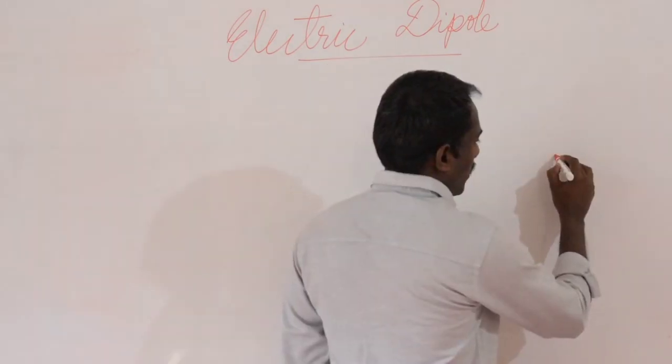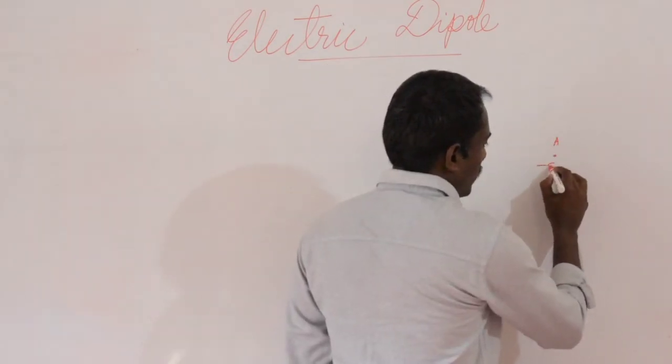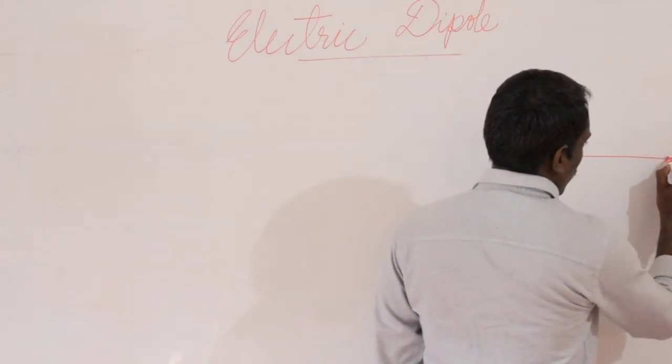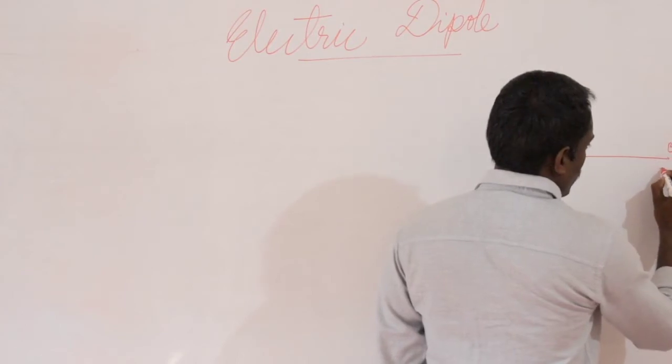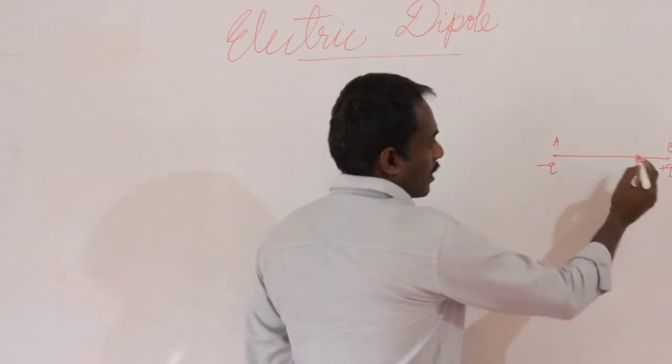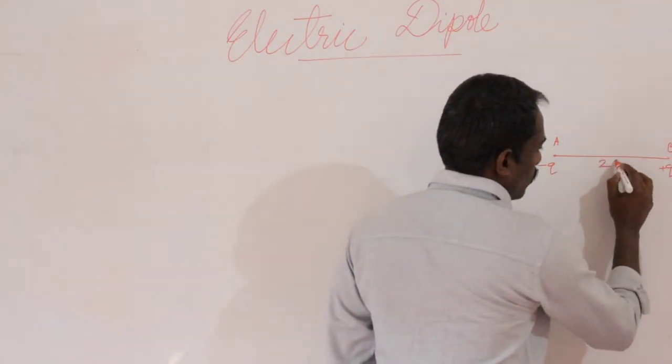As we already said, at point A a negative charge Q is placed, and at point B a positive charge Q is placed. They are separated by a distance 2a.